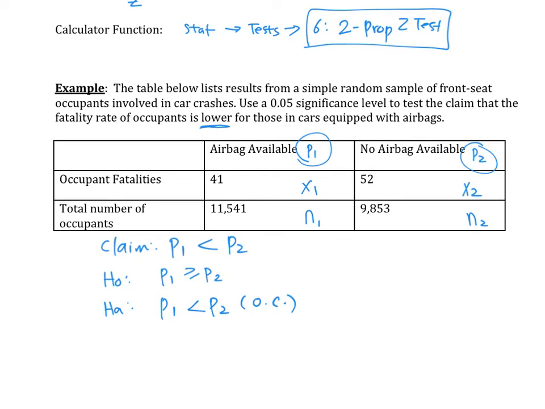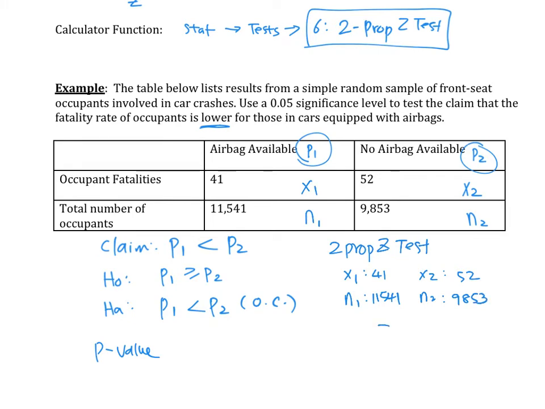So how do I find the p-value? What I'm going to do is use 2-PropZTest. Once you go there, it's going to ask you a bunch of information. X1, it's going to ask for N1, X2, N2. So I'm just going to put in those numbers: 11541, 52, 9853.